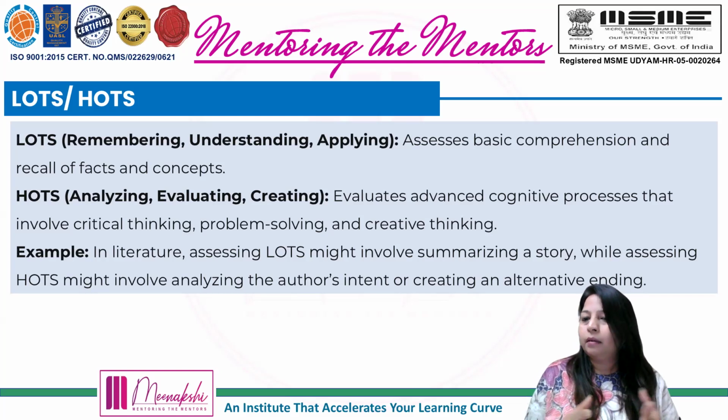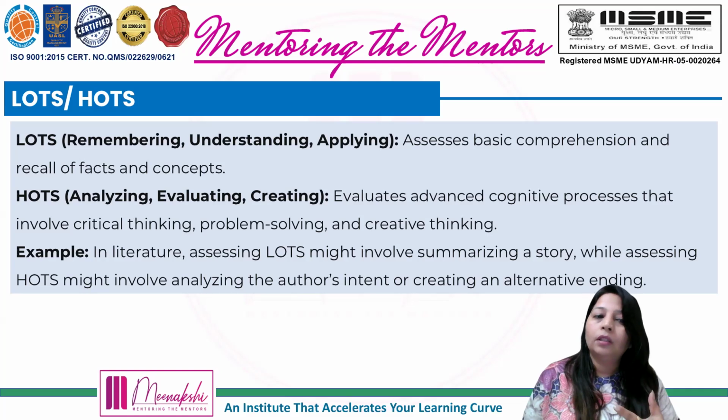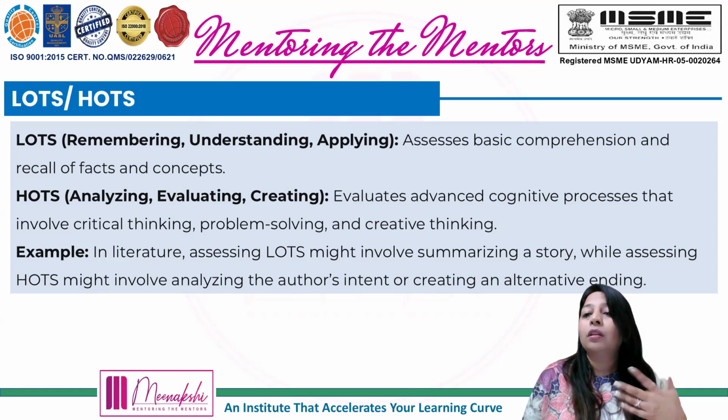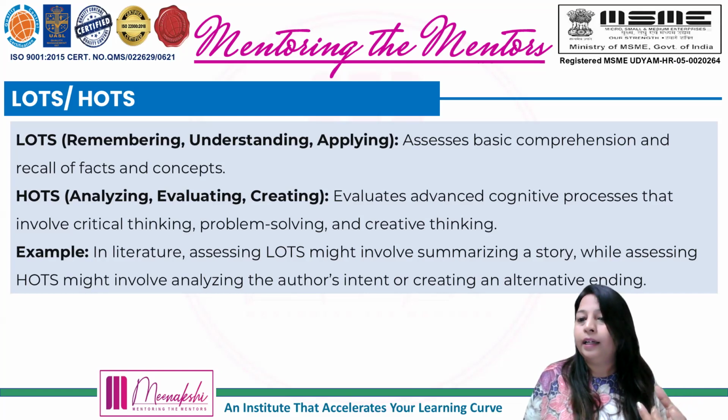Literature obviously can be English, Hindi, or any of your regional languages. While assessing LOTS, you might involve summarizing a story in your own language, maybe paraphrasing it. Assessing HOTS might involve analyzing the author's intent or creating an alternative ending, tweaking the end, changing the character also.